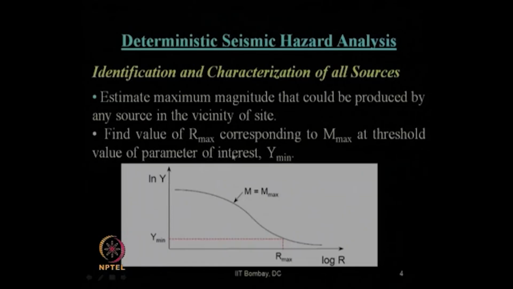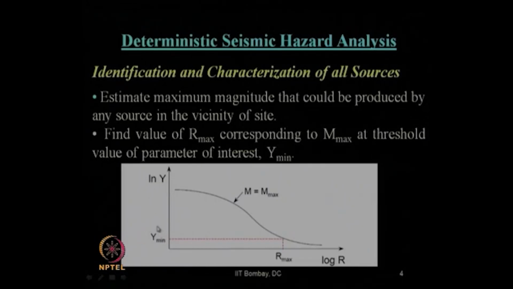Threshold parameter of our interest means, for the seismic hazard, which parameter we want to obtain. It can be peak ground acceleration, it can be peak horizontal velocity, it can be spectral acceleration, any of such kind of value. So, we have to determine what is the threshold number we are interested in, that is this y minimum value we have to identify from our design perspective.